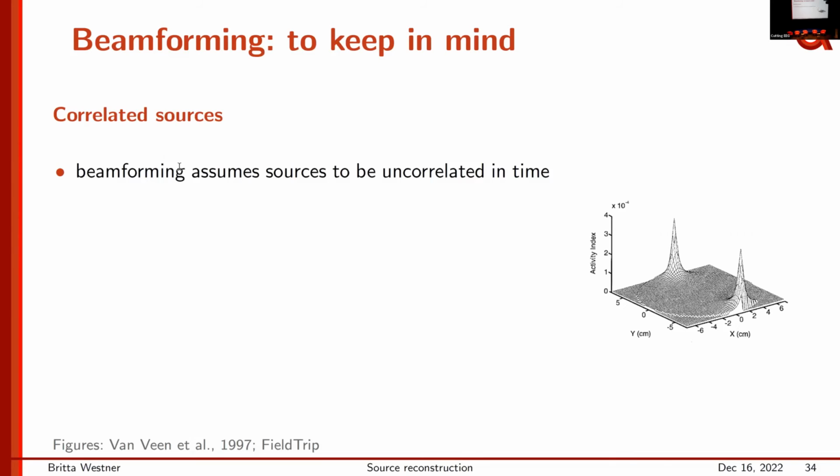Because I assume color figures were extremely expensive in the 90s, they did not color this here in red and everything in between in white or yellow, but they used the z-axis for the activity index. So the way to read that is, there is a lot of activity right next to the right ear, a lot of activity right next to the left ear, those two peaks here, and not much in between.